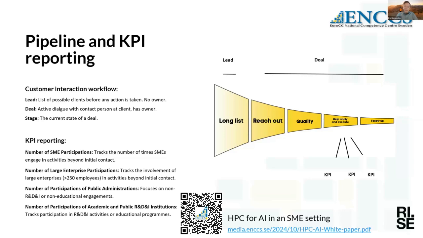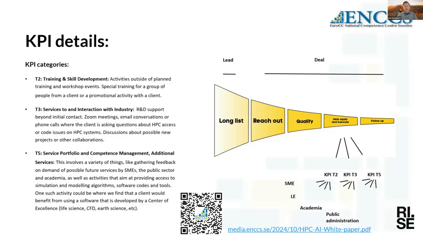But it is even more complicated than that, because on each KPI, we need to label it with what type of contact was made and what did we do with the client. So it could be a training or skill development. It can be some kind of service that we do, or something else.